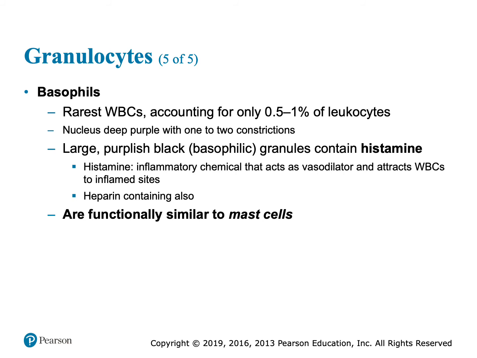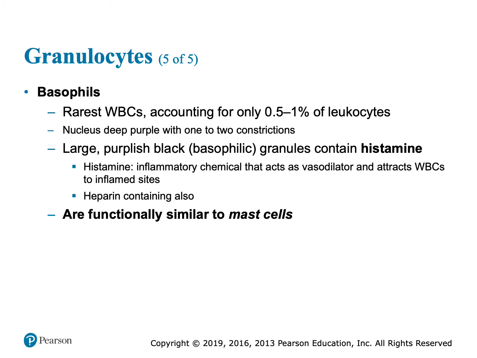Basophils, rare, less than 1%. Their granules are going to be like a purpley black, so darker. They're full of histamine, and their job is they're going to be trying to attract other white blood cells to an inflamed area.